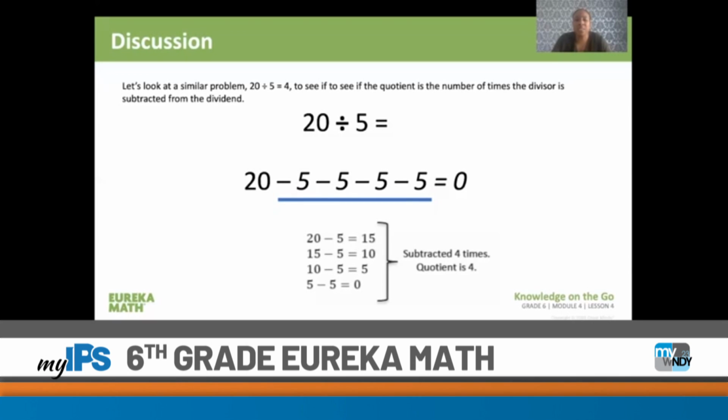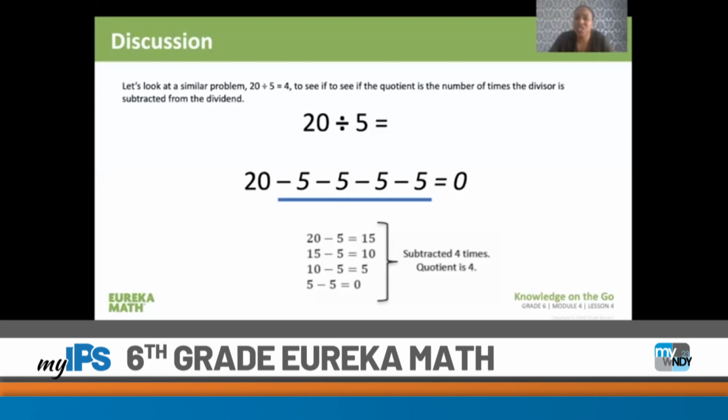What do you notice about the relationship between 20 divided by 5 equals 4 and 20 minus 5 minus 5 minus 5 minus 5 equals 0? 20 divided by 5 equals 4 can be interpreted as subtracting 4 5s from 20, which will equal 0.